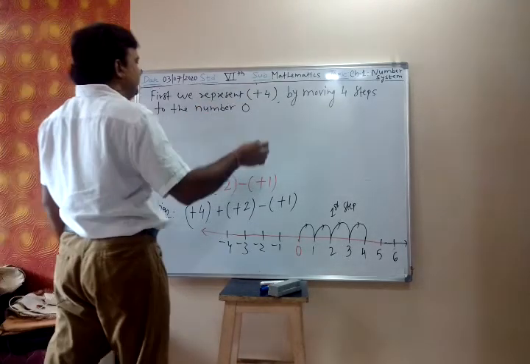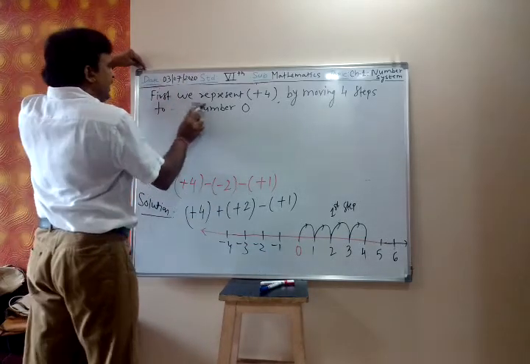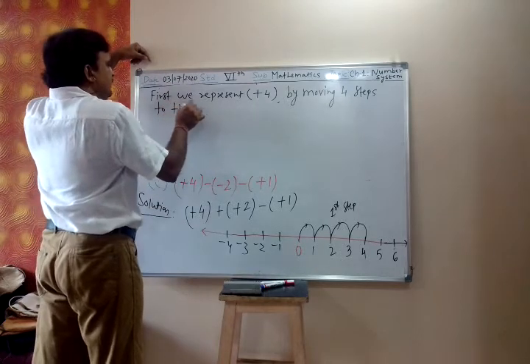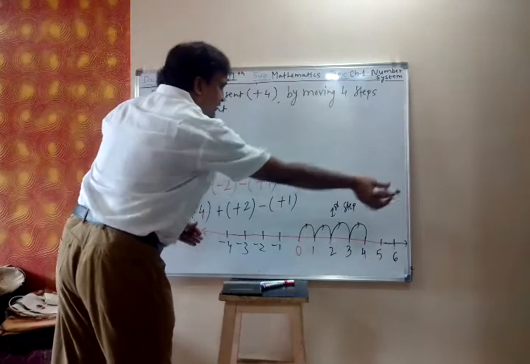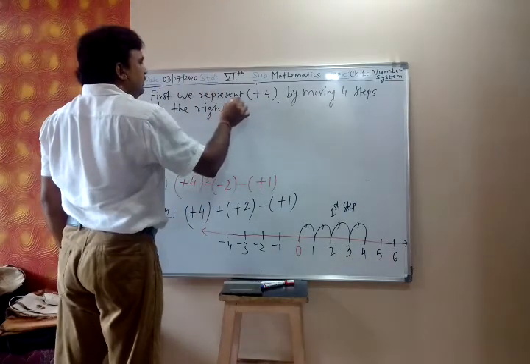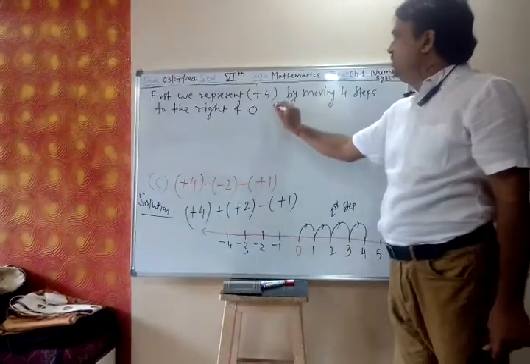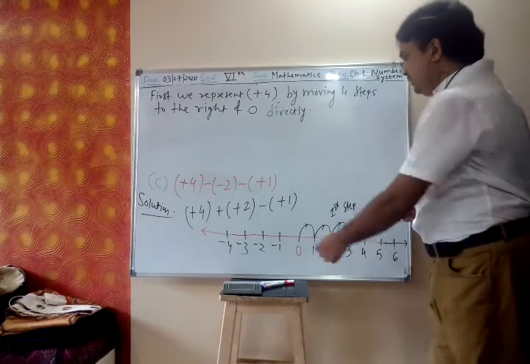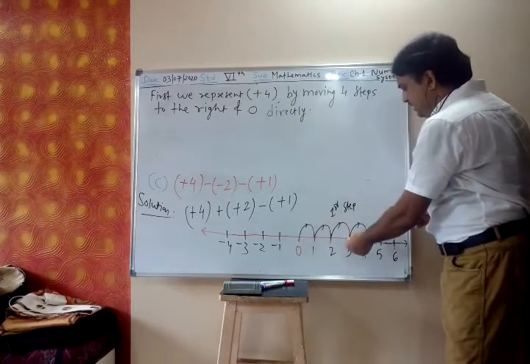So from 0 we move 4 steps to the right, and we reach the number plus 4.